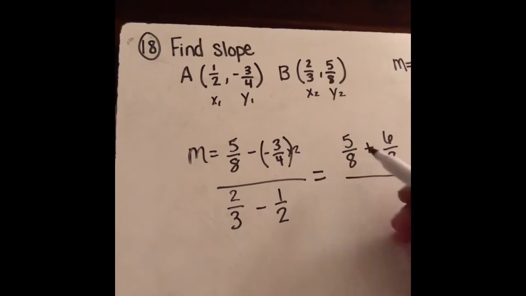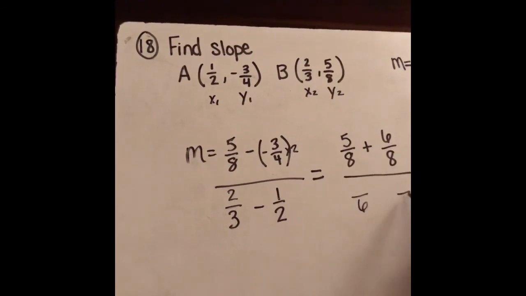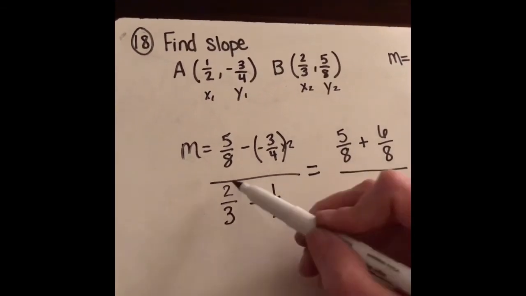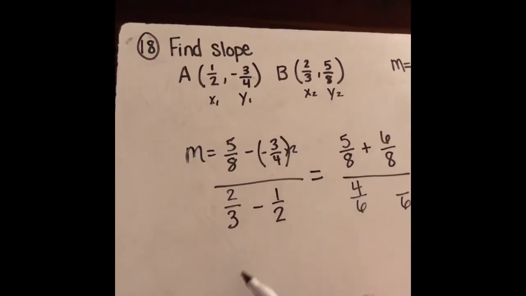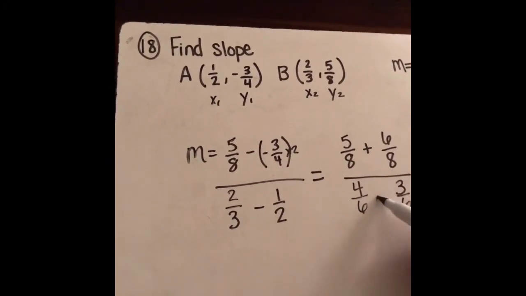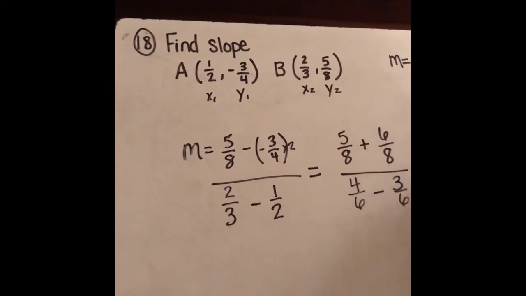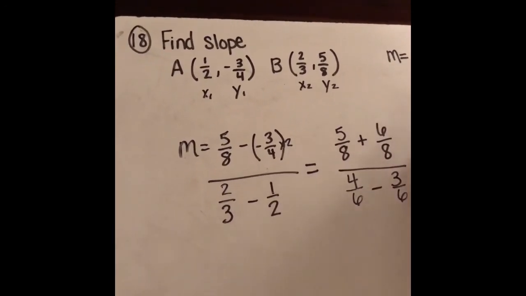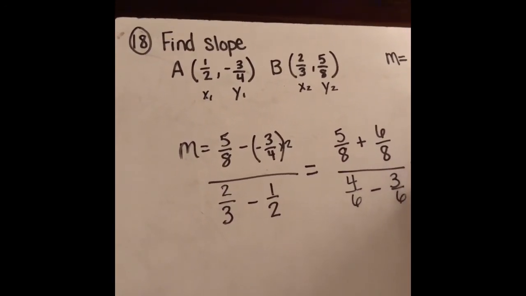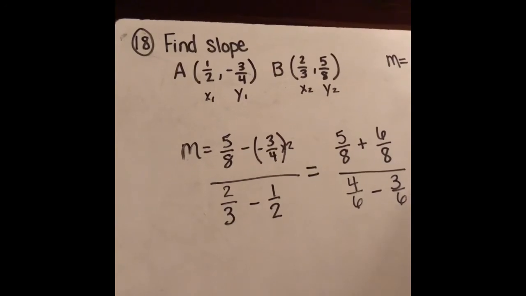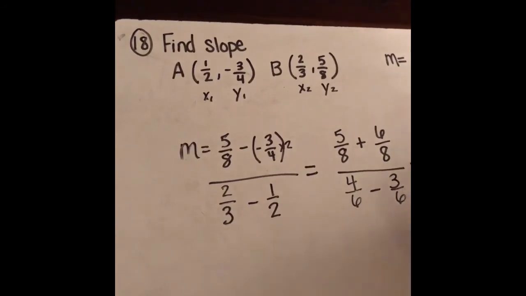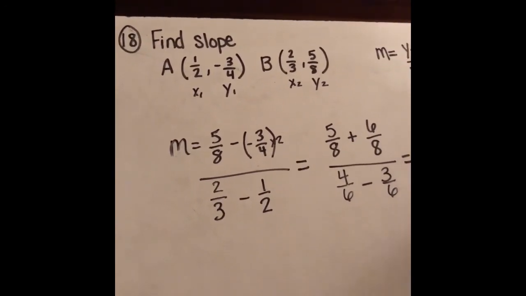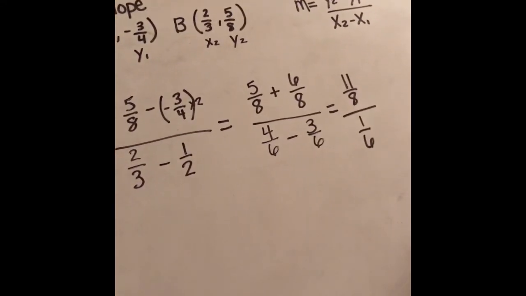For the bottom, I need both denominators to be the same, so we're going to do 6. That means that's a 4, and that's a 3. Subtract. So 5, that's 11 over 8, and 1/6.